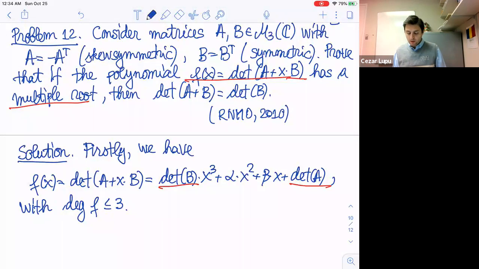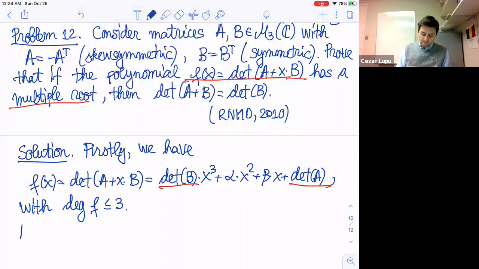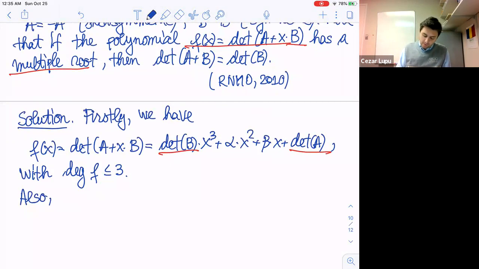All right. Now we would like to obtain some information about the coefficients, or maybe about the determinant. But we can do something: we can transpose this. We know that the determinant of a matrix is the determinant of the transpose. So also we have that f of x is the determinant of A plus xB, everything transposed.